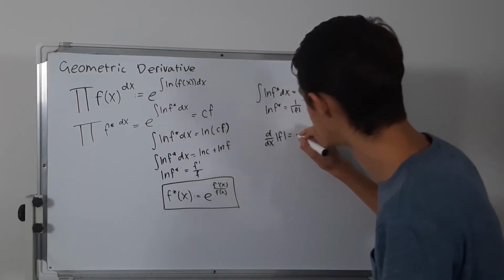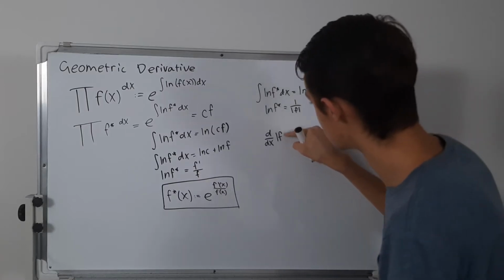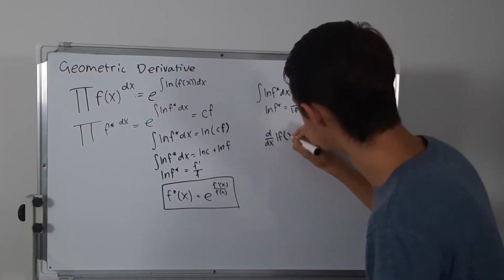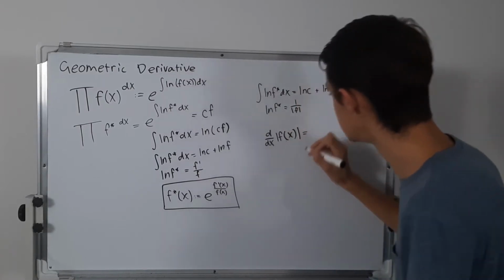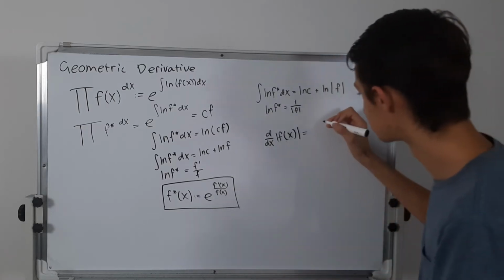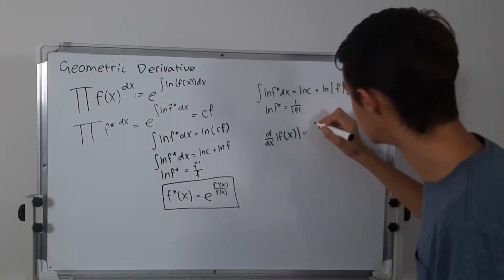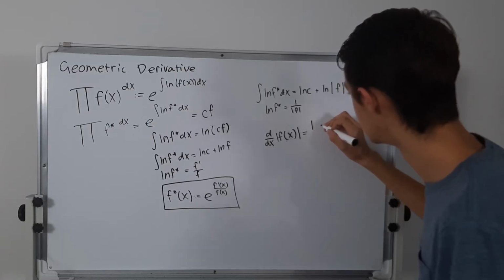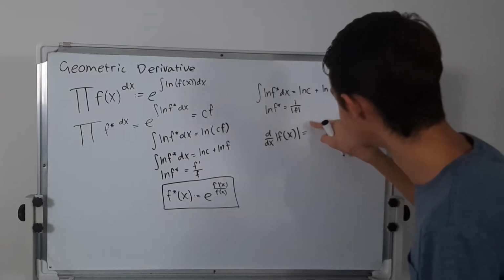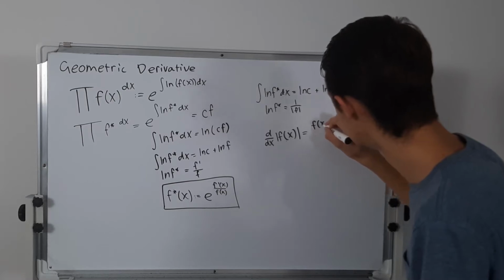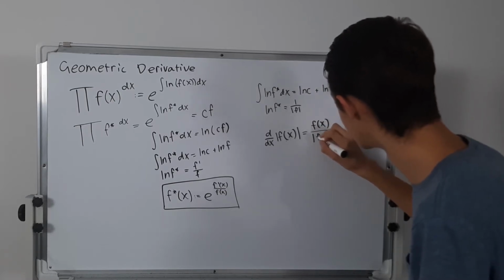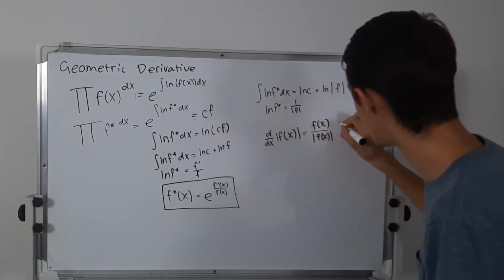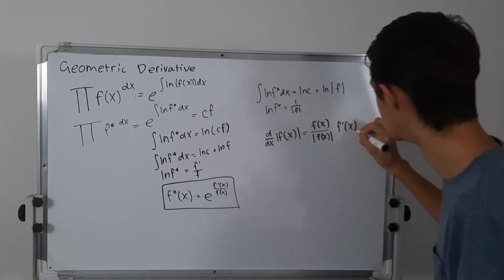But just take my word for it now: the derivative of the absolute value of f of x is equal to f of x over absolute value of f of x times f prime of x, right?